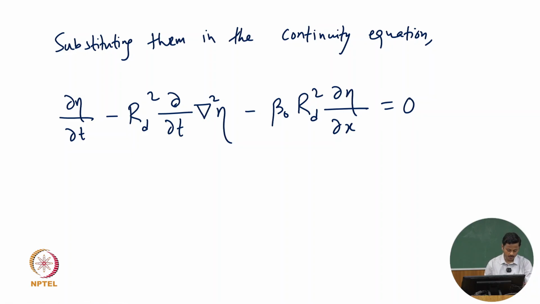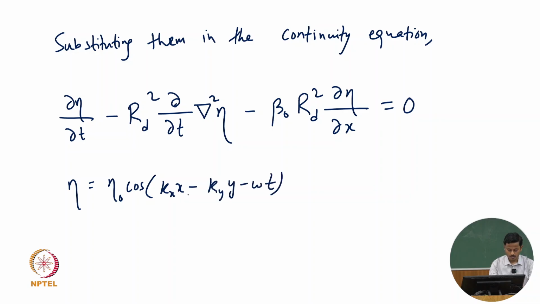Assuming periodic solutions, again the coefficients are constants, hence we can look for periodic solutions of the type eta equal to eta naught cos of kx x minus ky y minus omega t.